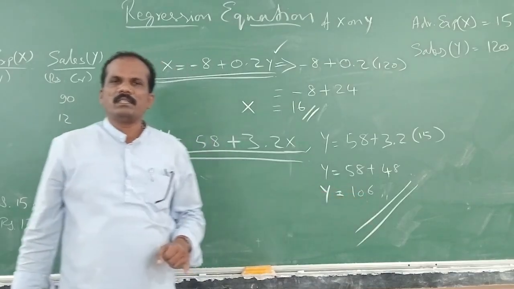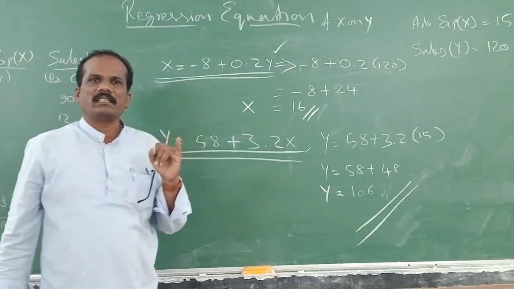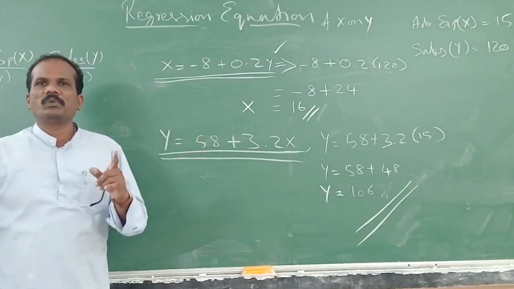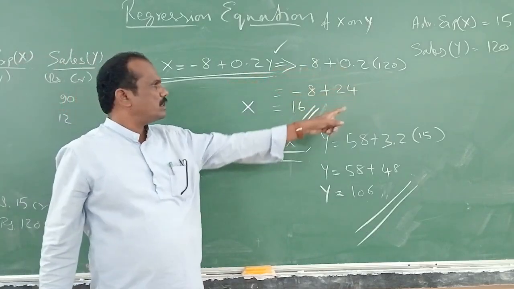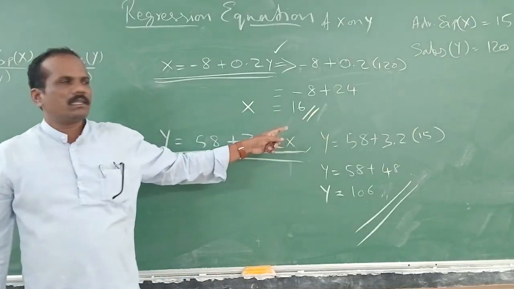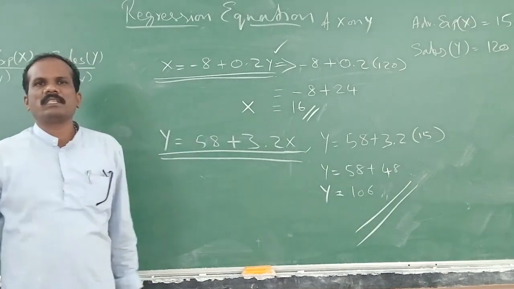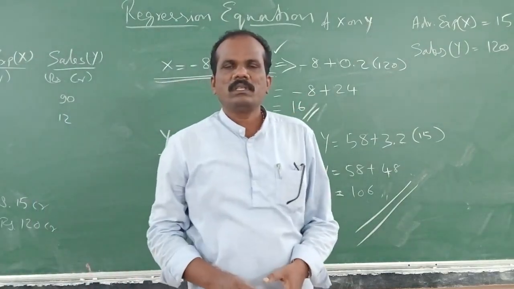The third question is what will be the targeted sales. If the sales target is 120 crores, by applying the value of Y as 120, we get X is equal to 16 crores.